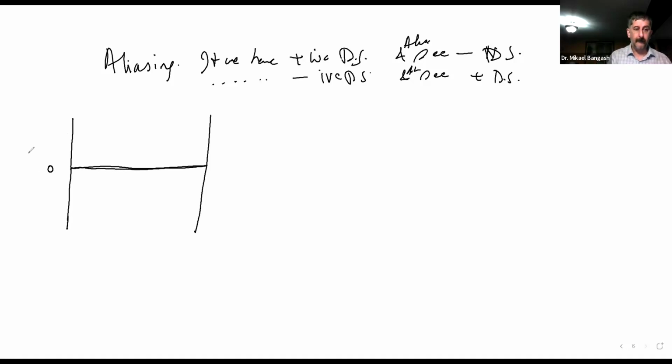When we talked about aliasing, we called this the Nyquist limit, which would be a certain max positive velocity or a max negative velocity that we were able to record.